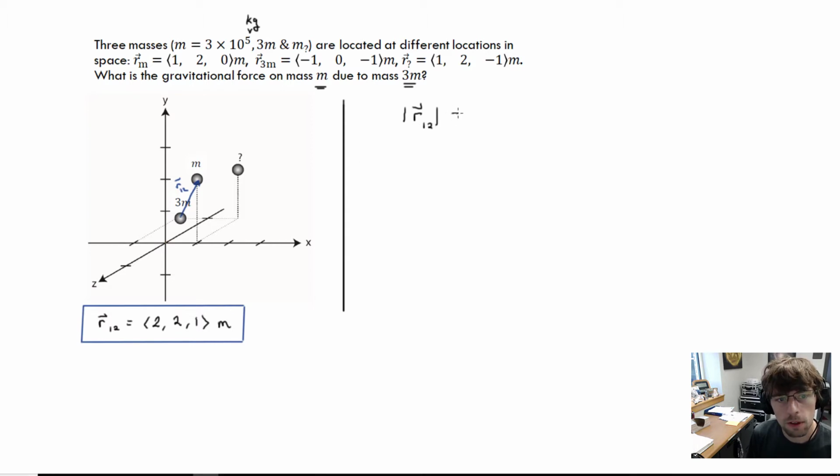Okay. So we have to remind ourselves, how do we get the magnitude of a vector? You take the individual components, square them, and add them together. Now, how I usually like to think about it is, I'll take the dot product of the 2 vectors and then simply take the square root.